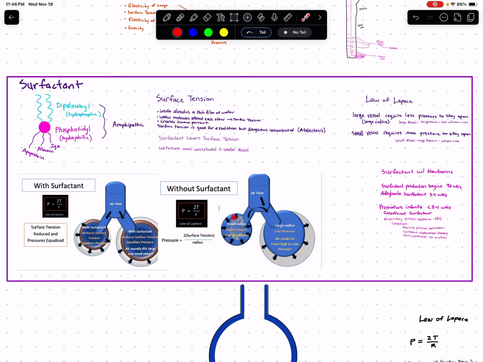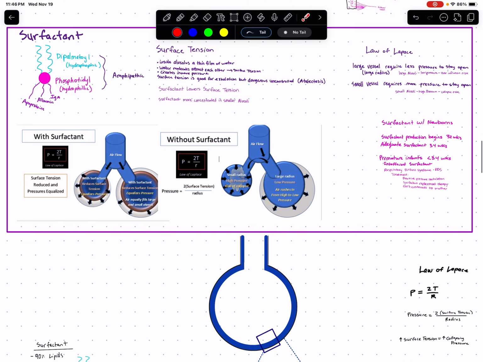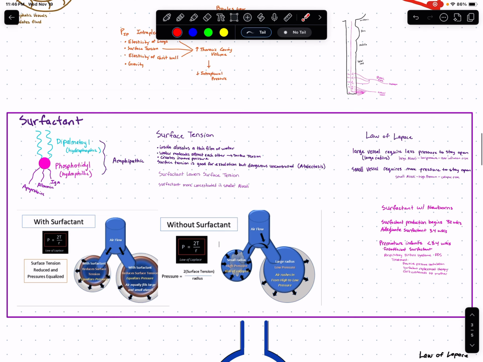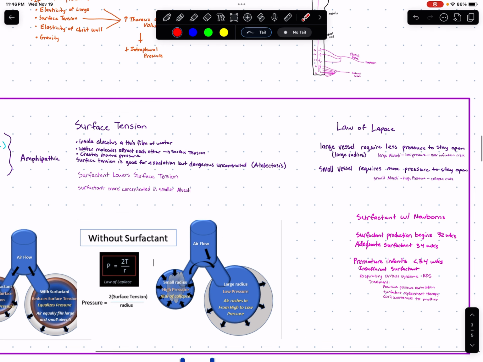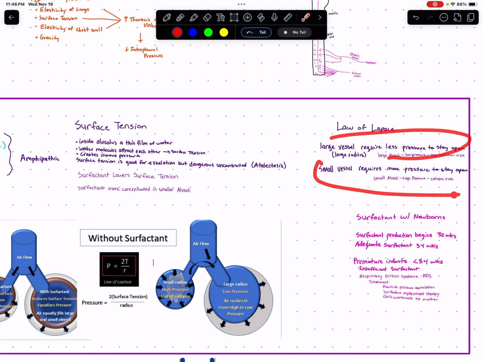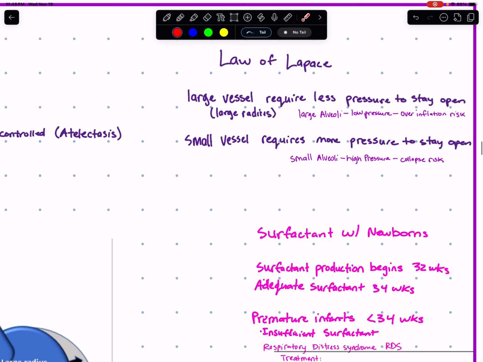And so, right here, there we go, without surfactant. But surfactant relieves that pressure and keeps it off. So, law of Laplace: large vessels require less pressure to stay open. Small vessels require more pressure to stay open. So, with high pressure, we are at collapse risk for small alveoli.